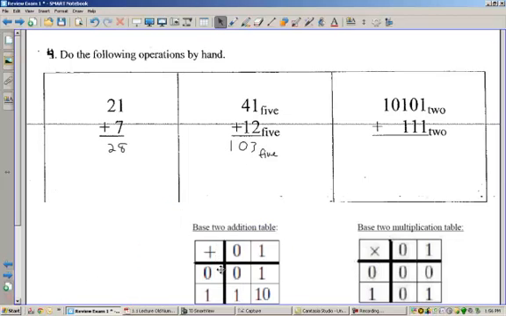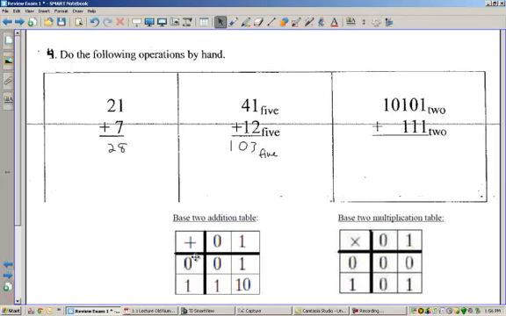Let's just get rid of that. Okay. And so we add these using the base 2 addition table. We don't really need the multiplication table at this point. And so what we have is 1 plus 1, and 1 plus 1 is a 10. So the way we do this is we write a 0 and carry the 1.